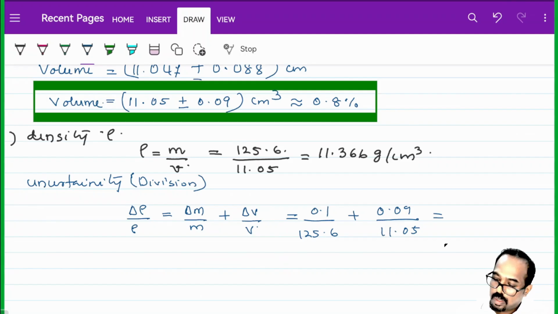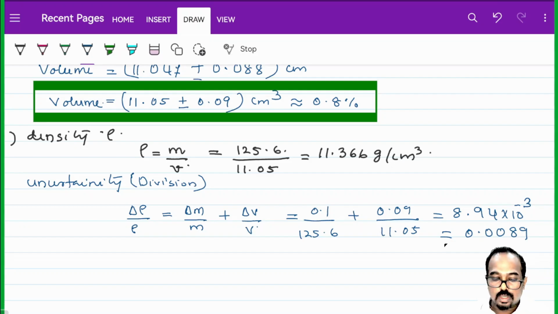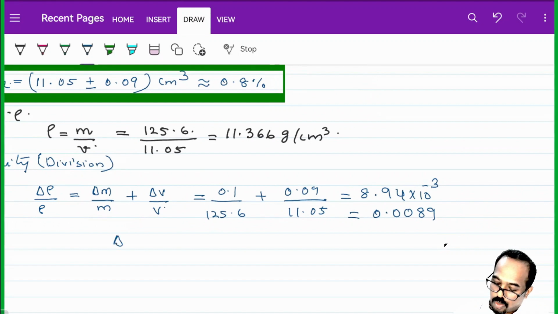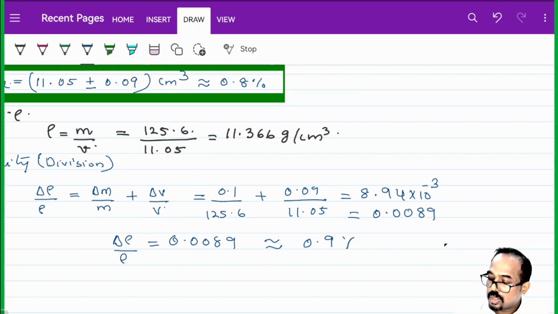Approximately 8.94 into 10 to the power minus 3, so you can write it as 0.0089. So delta rho by rho, the fractional uncertainty in the density, will be equal to 0.0089, which is approximately, multiplying by 100, 0.9 percentage uncertainty.